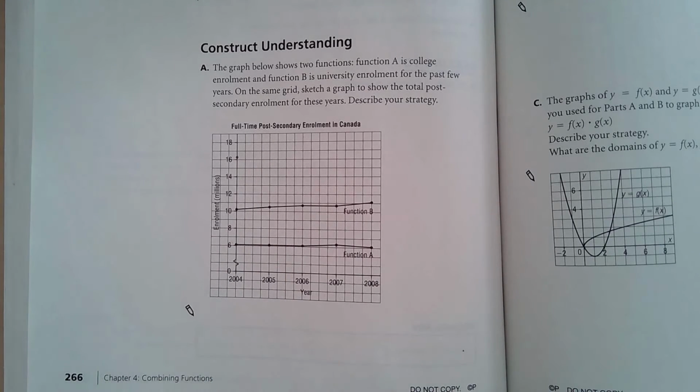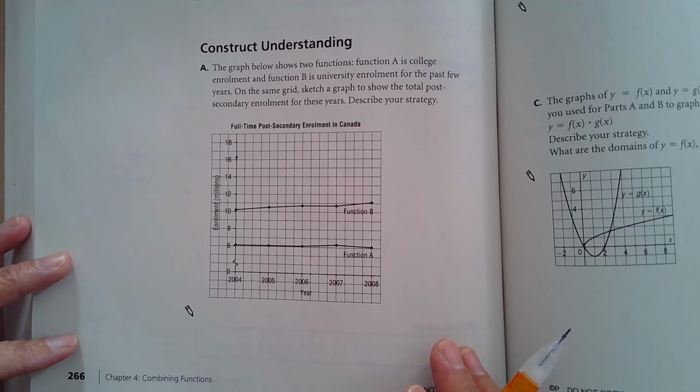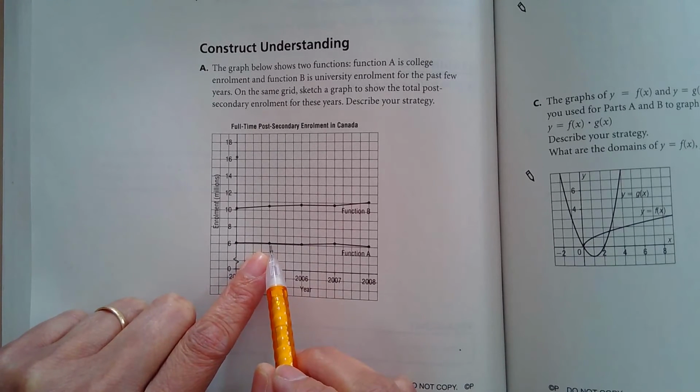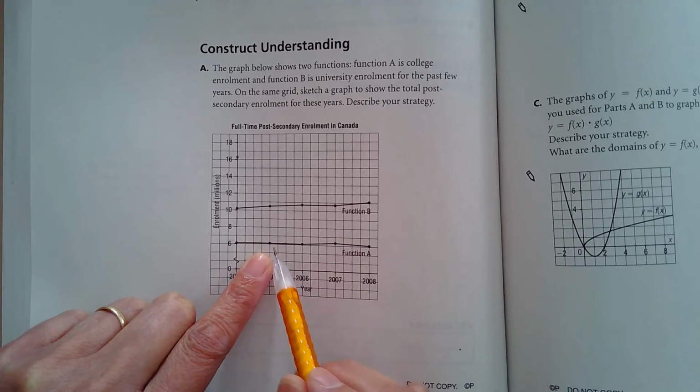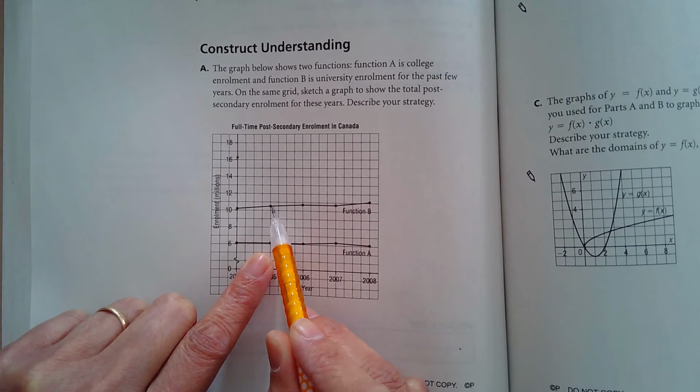What about in 2005? What is enrollment for college? 6 as well. Okay. And university? About 10.5. So if there's 6 million and the other one is 10.5 million, how many?